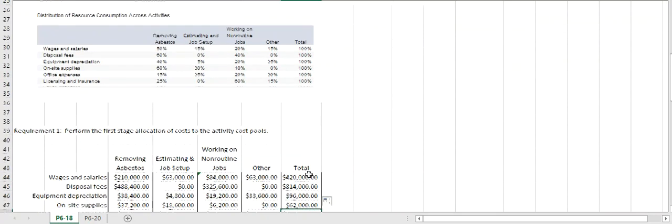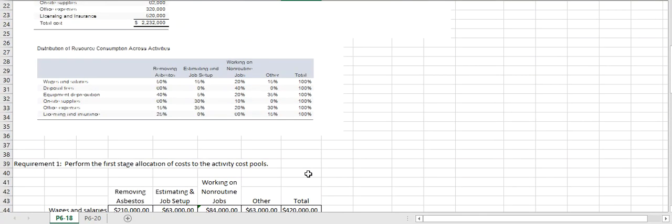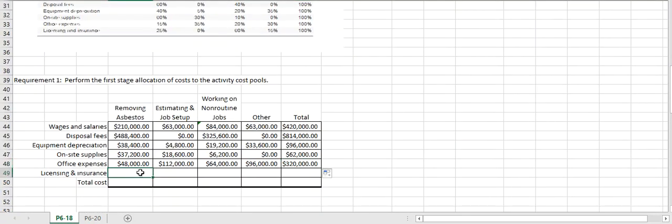And licensing and insurance was $520,000. So we got $520,000 multiplied by 25% for the first one. Whoops, that one was 0.